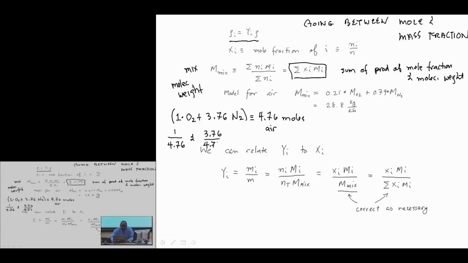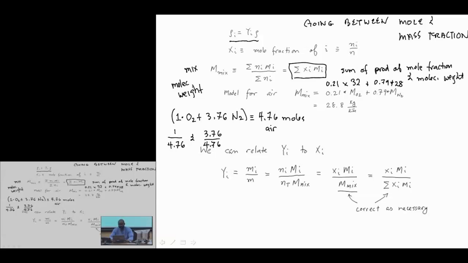When we're looking at the mixture molecular weight of air, this 1 over 4.76 is our 0.21, so it's 0.21 times the molecular weight of O2, which is 32, plus 0.79 times the molecular weight of N2, which is 28. And so we get 28.8 as our mixture molecular weight of air.